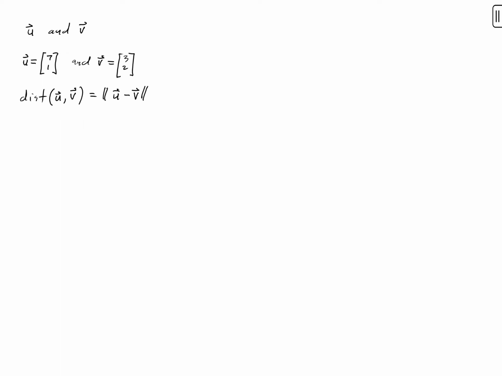So our example, we need 1, 2, 3, 4, 5, 6, 7, then we need at least 2. So if I'm looking at u and v, my vector v was (3, 2), so that's 1, 2, 3, and 2. That's this point. And my vector u was (7, 1).